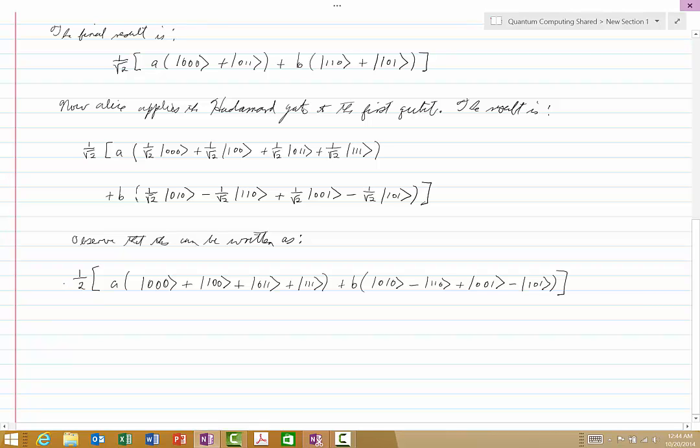And now let's make one more observation. We can rewrite all of this in the following way.